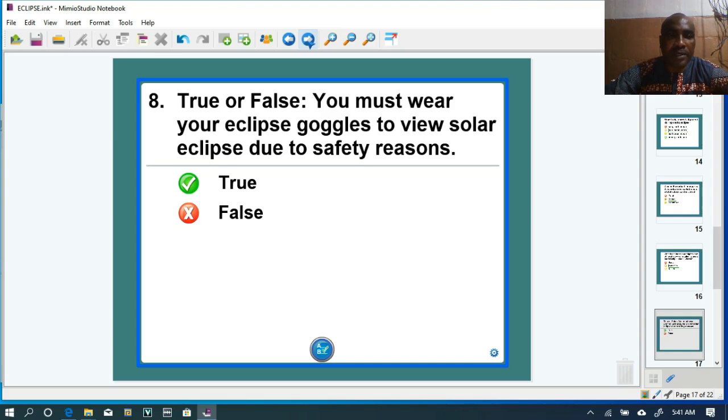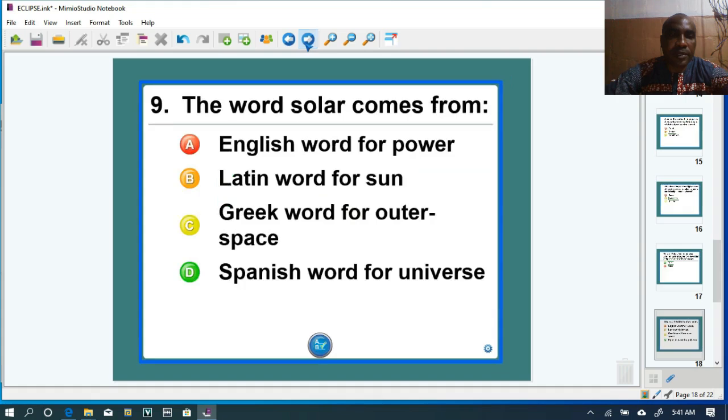Question number 8. True or false? You must wear your eclipse goggles to view solar eclipse due to safety reasons. The correct option is true. Question number 9. The word solar eclipse comes from dash.